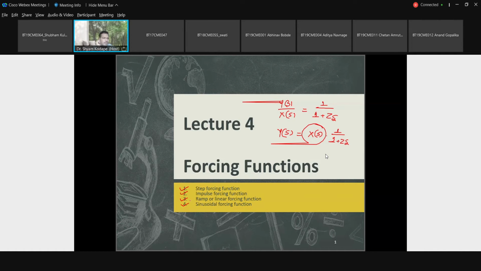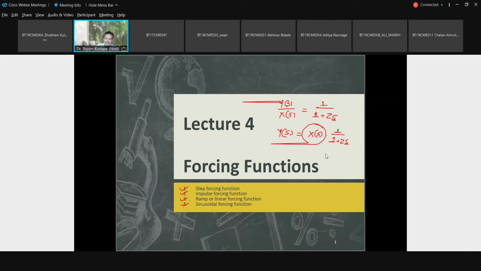So the response of the system depends upon the types of input changes. Input changes can be modeled in mathematical format, and there are four types. One is step forcing function. Next is impulse forcing function. Third is ramp or linear forcing function. And fourth is sinusoidal forcing function.